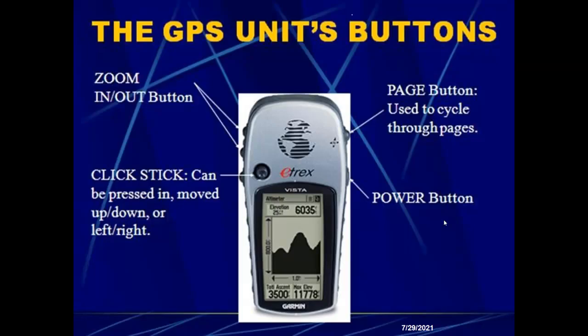So this is the portable GPS unit. In this GPS unit, you can see the zoom in, zoom out button, the click stick, and the power button and page button.